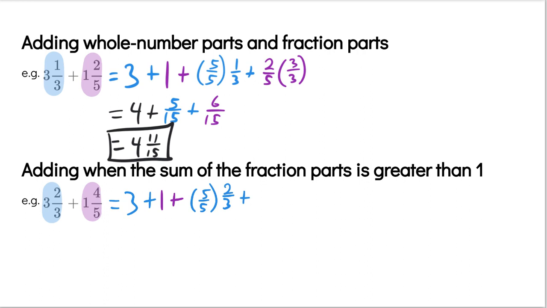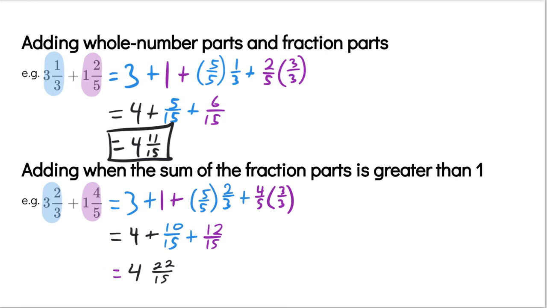And we're going to add it to the 4/5, but we're going to multiply that by 3 over 3, which is just 1, and keeping the same value. Now, when we add the wholes together, we have 4, and we're going to add our new equivalent fraction. It's 10 fifteenths, and our other equivalent fraction is 12 fifteenths. When we put it all together, we've got 4 and 22 fifteenths.